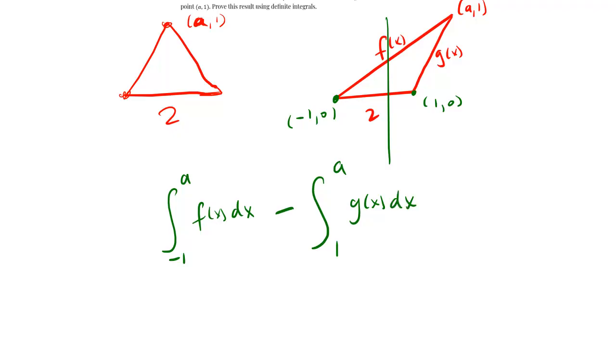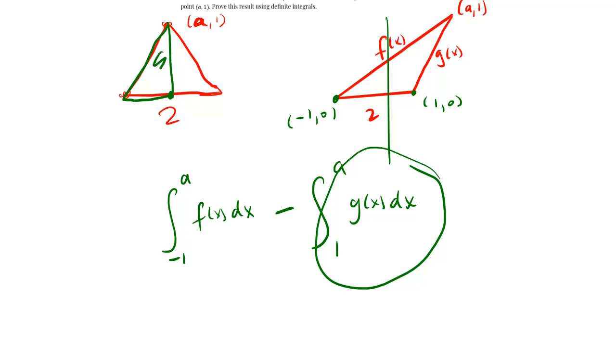Now, what's cool and wonderful about math is that this is going to take care of all of our cases. So if a is over to the right here, this is a positive number, and I'm subtracting it off, which is exactly what I want to have happen. If you look at the first picture I drew, you might think, wait, don't I want to add these two together?